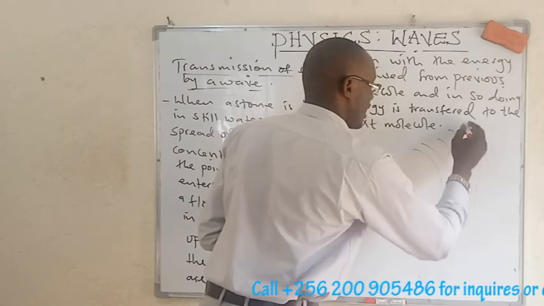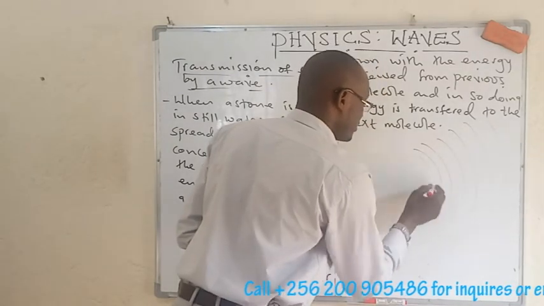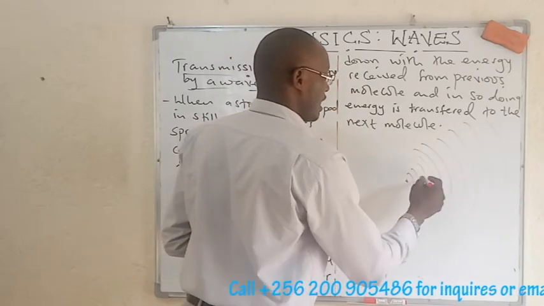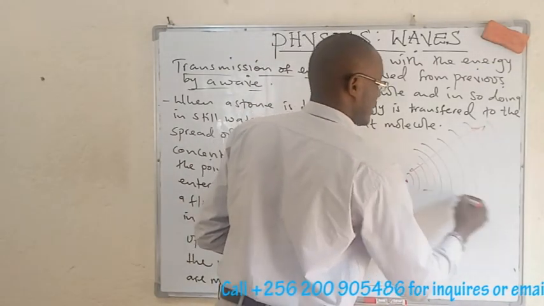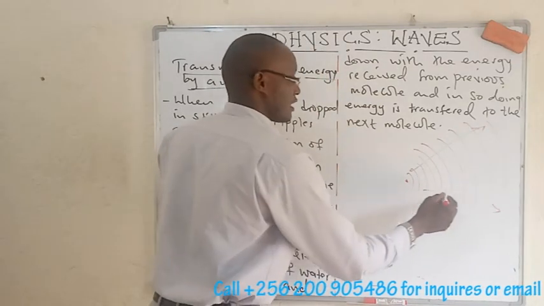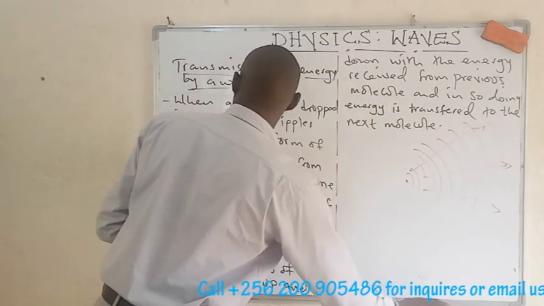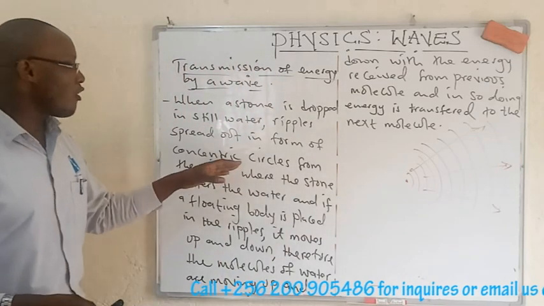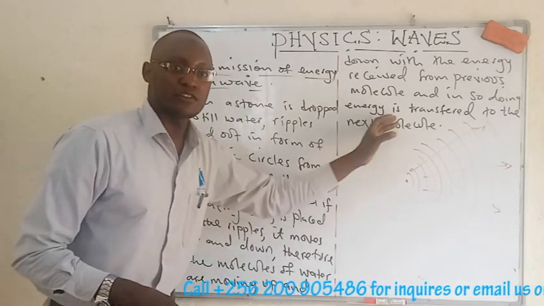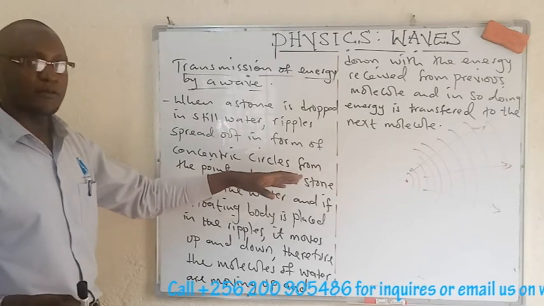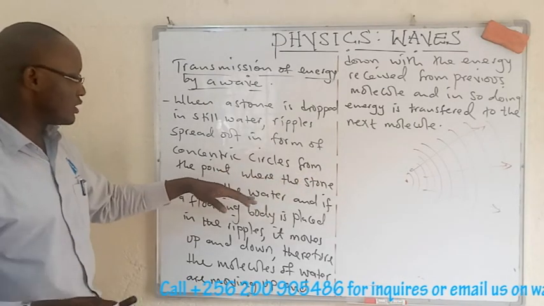Those are ripples. Starting with very small circular form, they are going to spread out, and that is their direction of motion. So, ripples are going to spread out in form of concentric circles. That's what we are going to experience practically. You can go and do it.